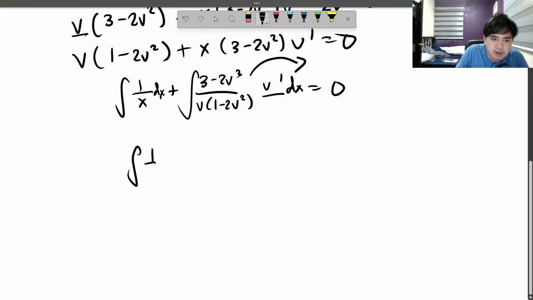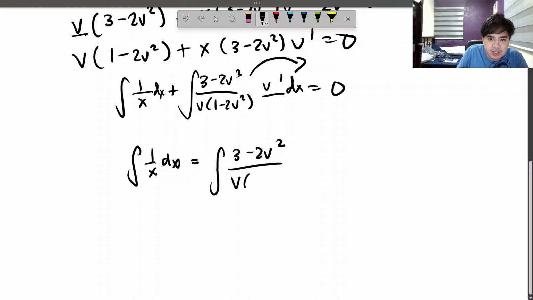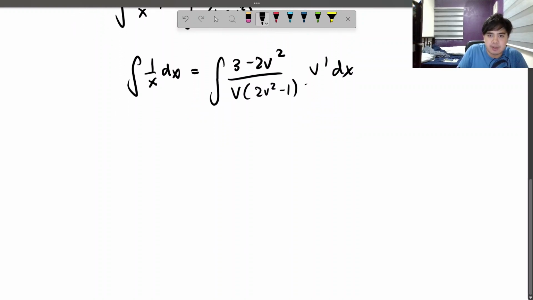So integral 1 over x dx equals integral of 3 minus 2v squared over v times 2v squared minus 1 v prime dx. There you go. Again, v prime dx means we can integrate with respect to v.